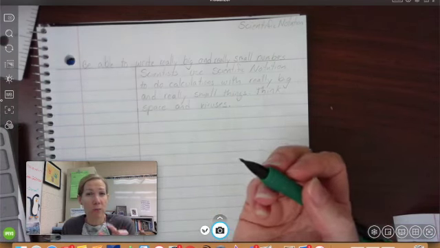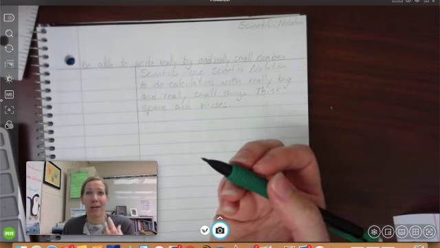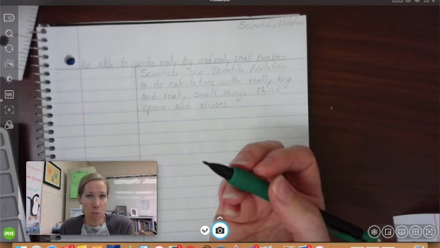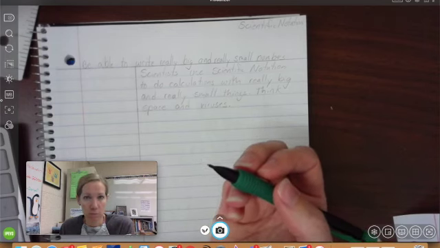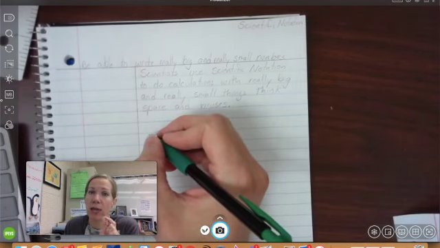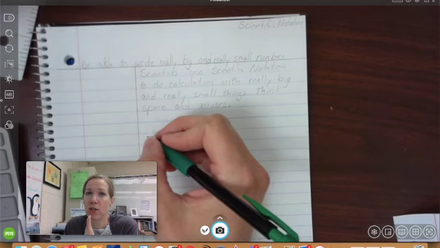Or something really small, like DNA or viruses or even pieces of DNA. You're going to be talking with really small measurements and things. The key to writing in scientific notation is you can only have one digit to the left of the decimal.